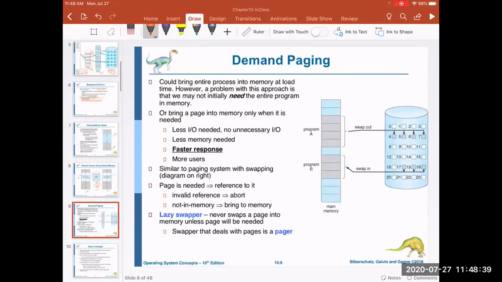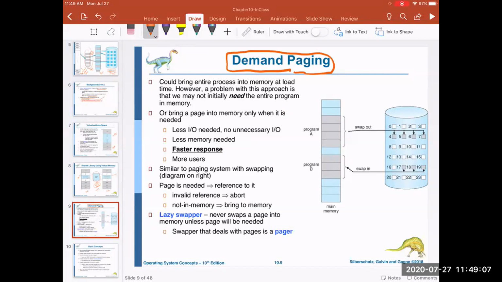I hope this is clear to you, because this is the basis of what we are going to discuss today. Now moving towards demand paging. What is demand paging? As the name says, we demand the pages, and they are presented on request. Based on the demand, the pages are presented to the CPU and brought into the physical memory.